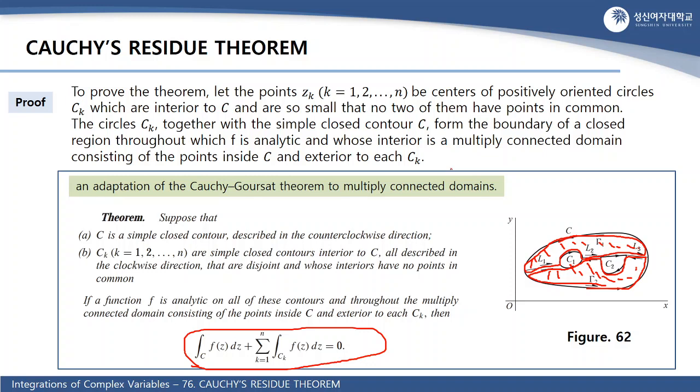Okay, let's check the theorem precisely.